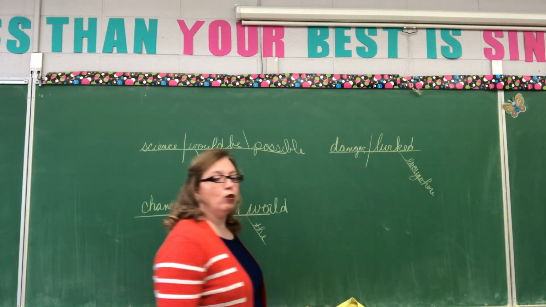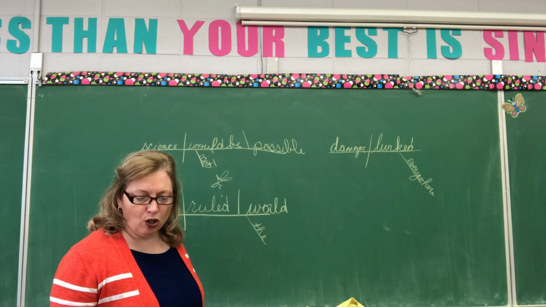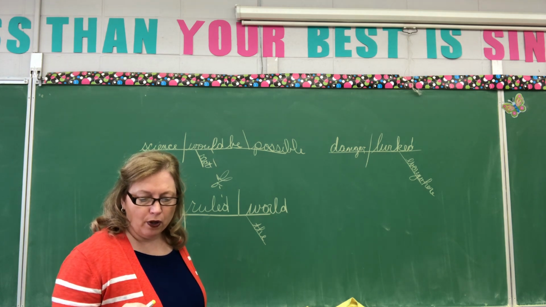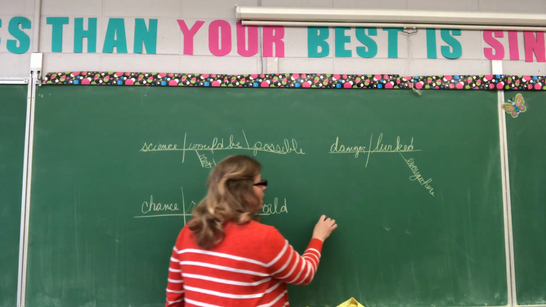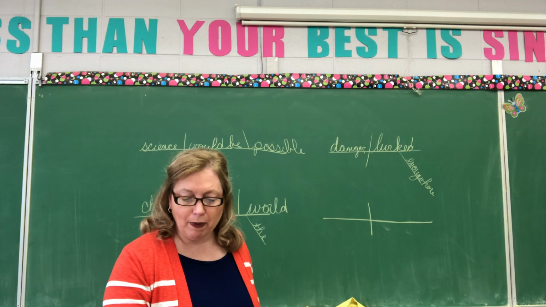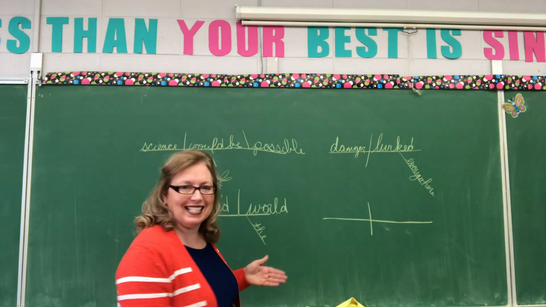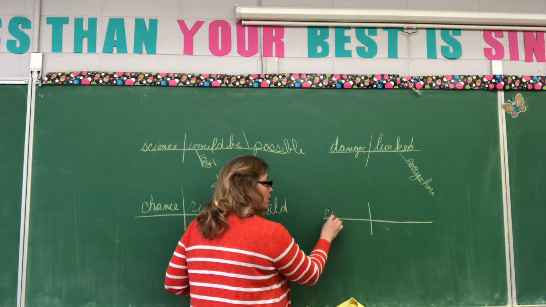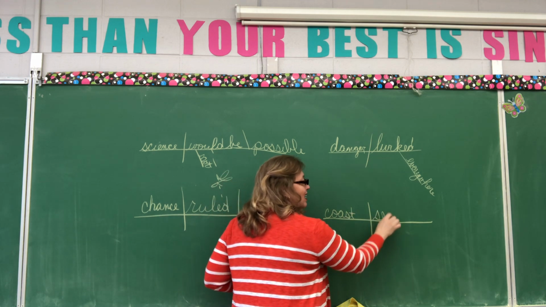Now look at your dependent clause. Your dependent clause was though the coast seemed clear. We know we're going to have a subject and a verb. So what is my verb? The verb is seemed. Who or what seemed? Coast. Coast is my subject.